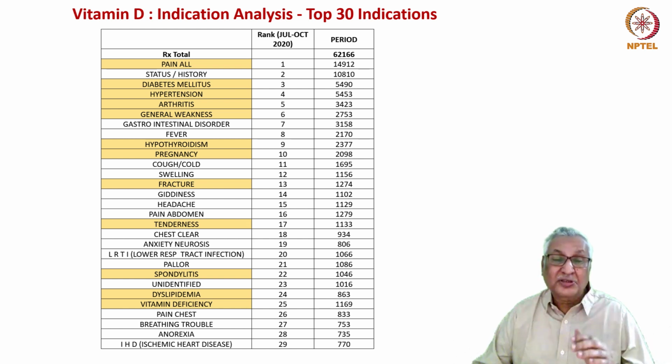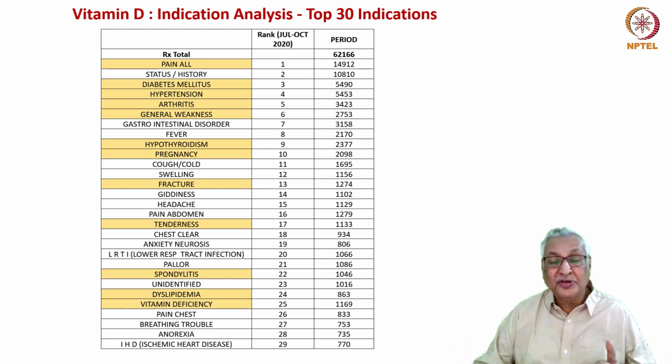And you also must understand what are the top indications for which the vitamin D3 supplementation is being made. Some of the important things are pain, diabetes, hypertension, arthritis, general weakness, hypothyroidism, pregnancy, fracture, tenderness, spondylitis, dyslipidemia, vitamin deficiency.